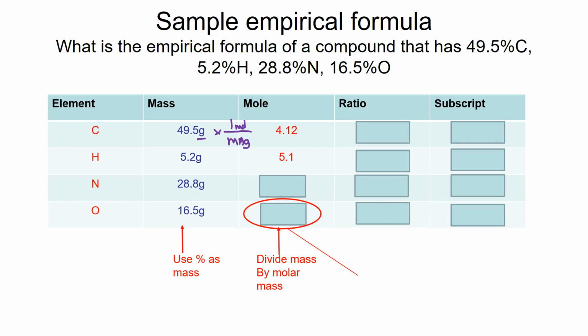Nitrogen has an atomic mass of 14.01, so 28.8 divided by 14.01, I get 2.05. My recommendation is make sure you know how I'm getting these numbers, that you're not just writing numbers down.